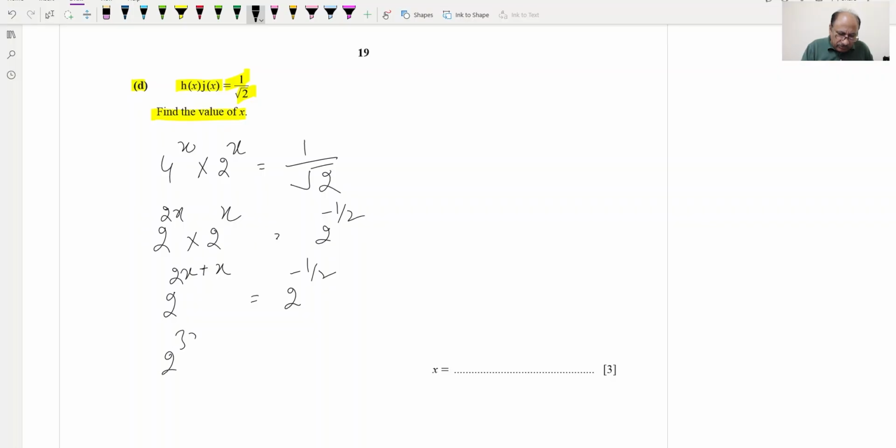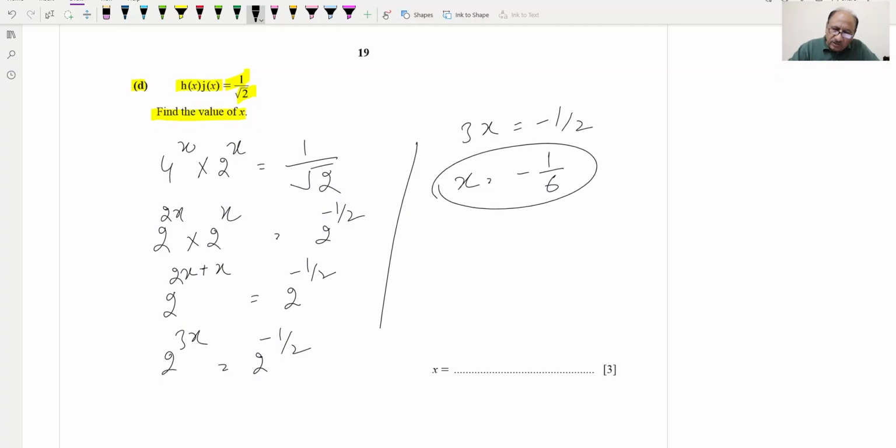So 2 raised to the power 3x is equal to 2 raised to the power minus 1 by 2. So we can write 3x is equal to minus 1 by 2, and x will be equal to minus 1 over 6. When we shift 3, it will go to the denominator, so minus 1 by 6 will be our final answer for this 3 marks question.